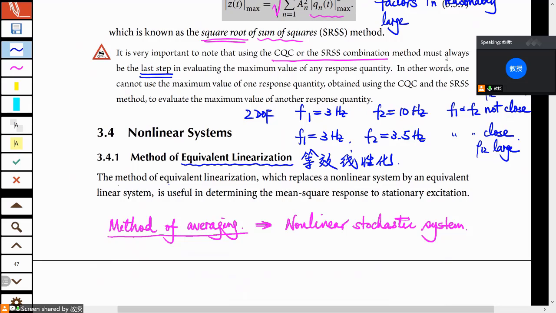Okay, so the method of equivalent linearization, which replaces a nonlinear system by an equivalent linear system, is useful in determining the mean square response to stationary excitation.